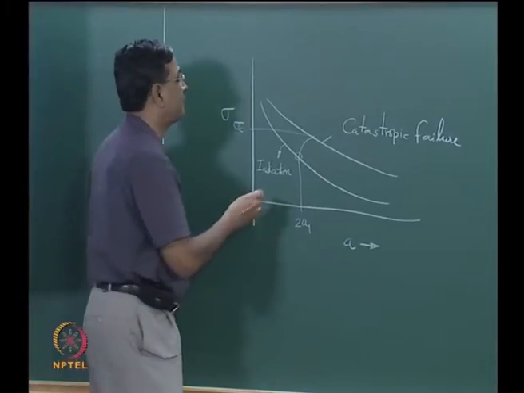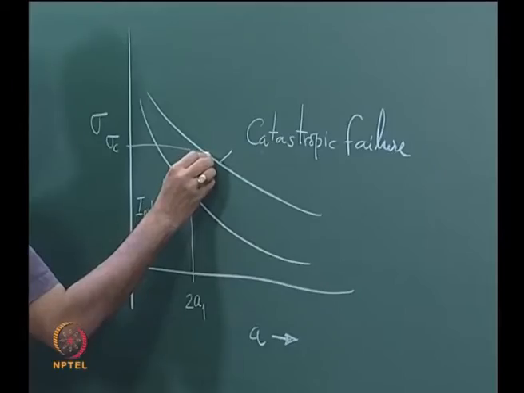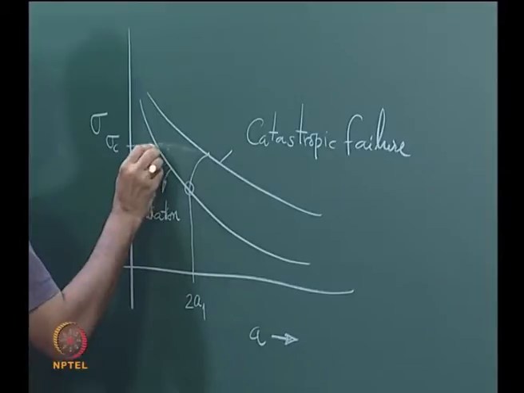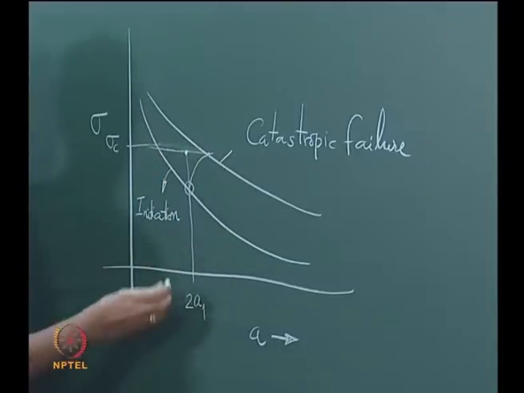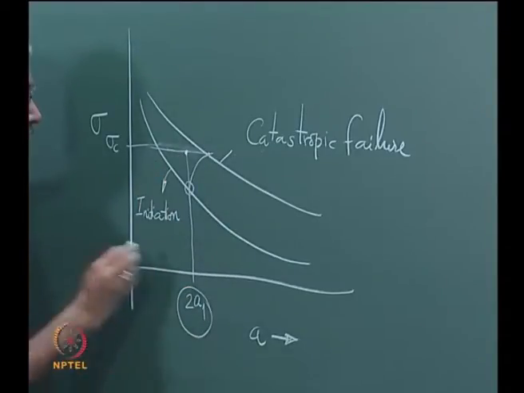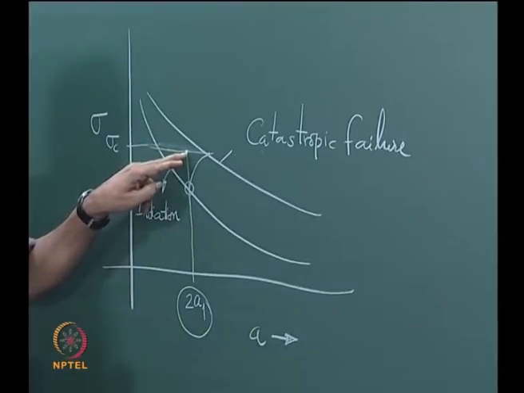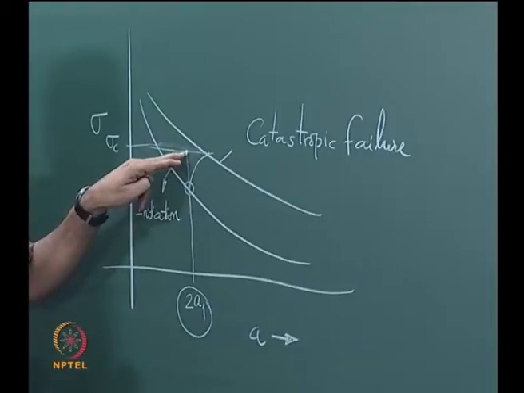For apparent toughness, we will have this stress, this line is inclined, so I will write this as horizontal, and I will mark this point. For a crack length of 2a1, I have one point from this experiment which will give the apparent toughness.